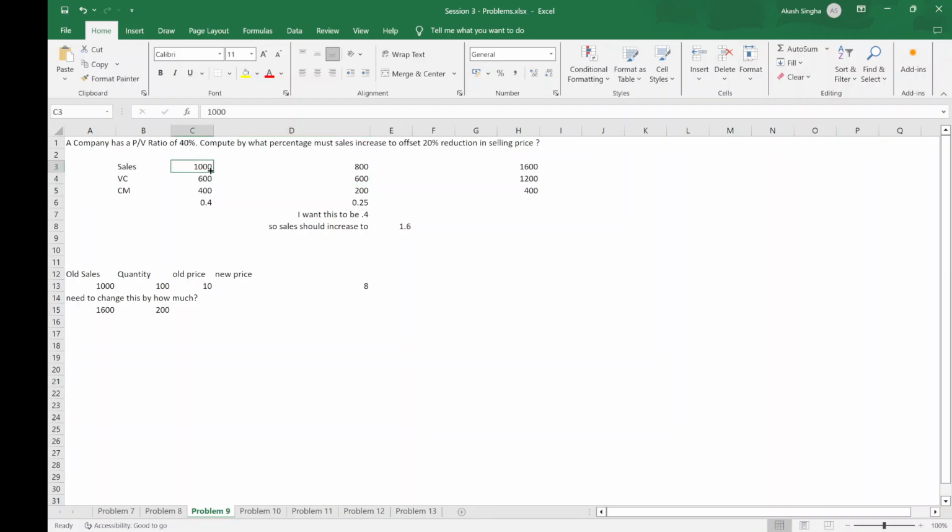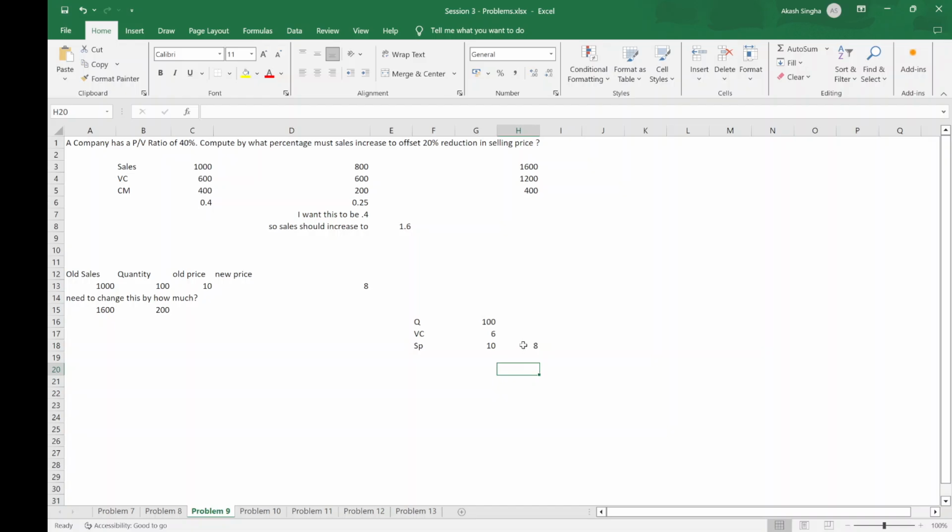So what I did is, for sales, let's say we were selling 100 units previously, and per unit selling price was 10 rupees, and per unit variable cost was 6. I'm not sure if it is going to help you. So quantity was 100, variable cost was 6, selling price was 10 previously, and now the new selling price is 8.